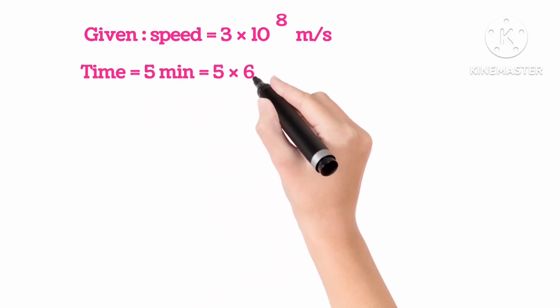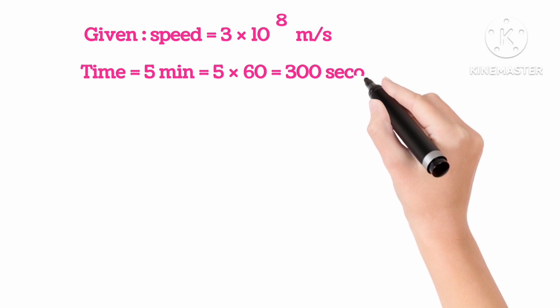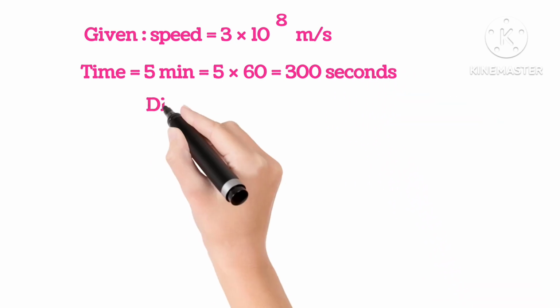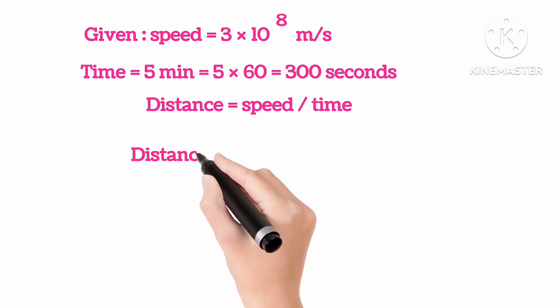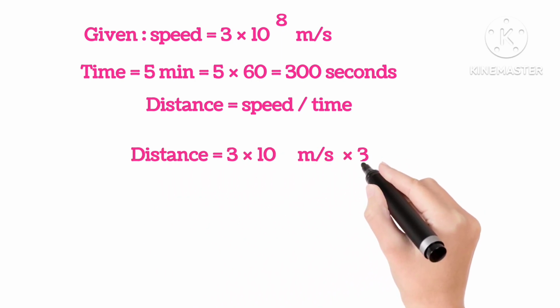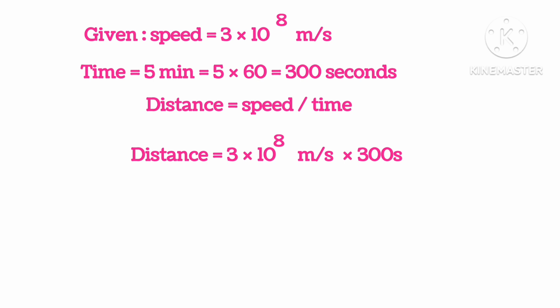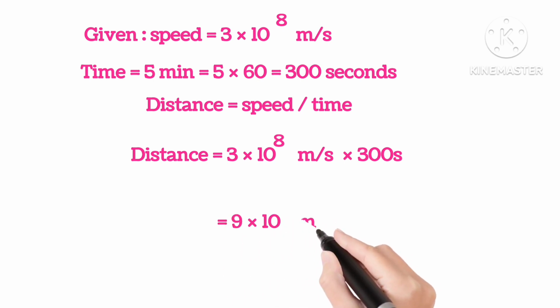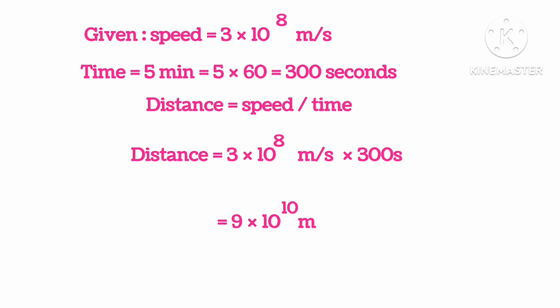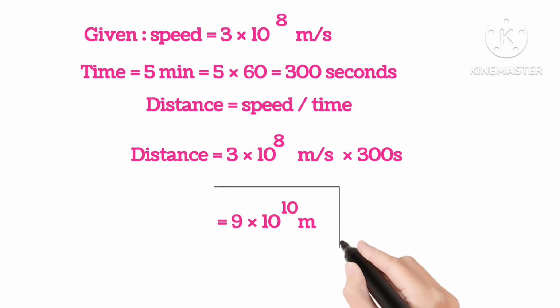Time is 5 minutes, which is equal to 300 seconds. So the distance will be speed times time. Putting the values, we will get distance is equal to 9 into 10 to the power 10 meters.